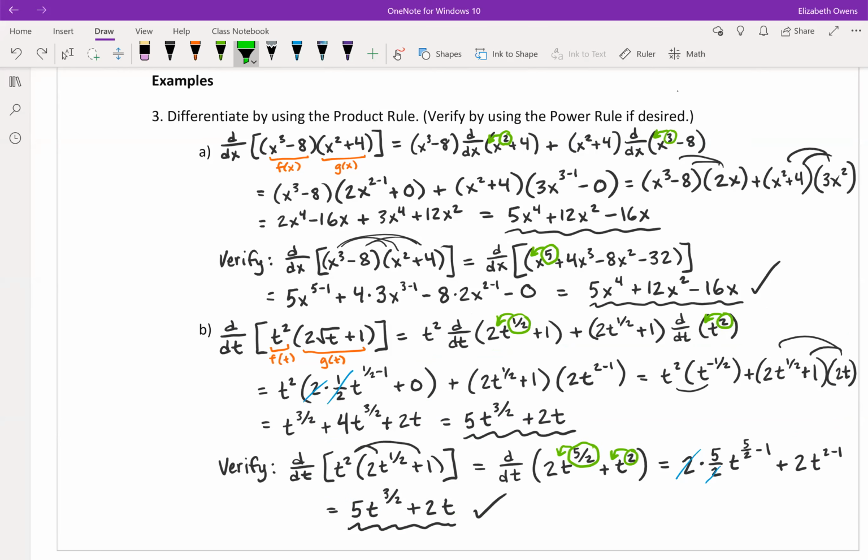So there's a couple examples of using the product rule. You will not always be able to verify by using the power rule, okay? Not every function is going to distribute out and play nice like that. But when you can distribute out and use the power rule to check, it's a really nice thing to have.